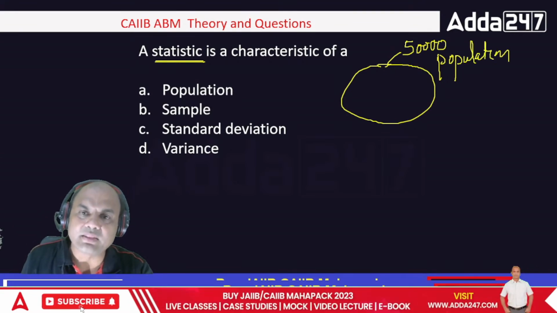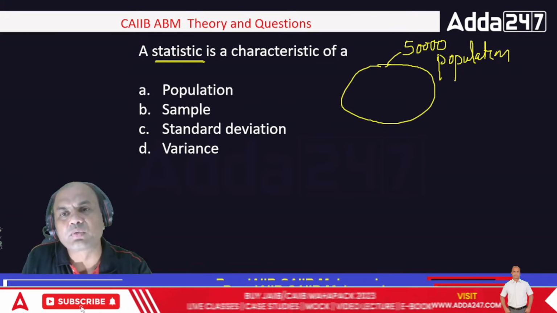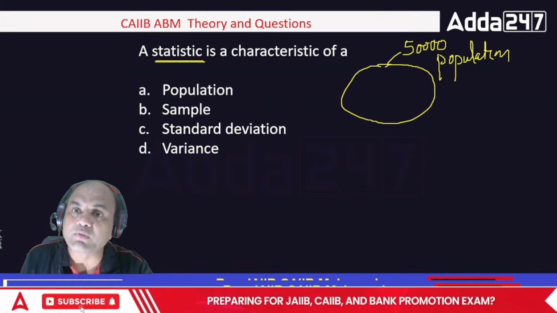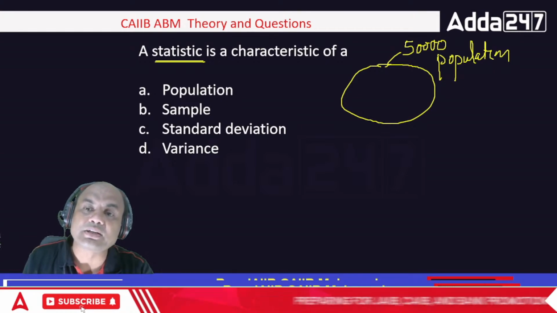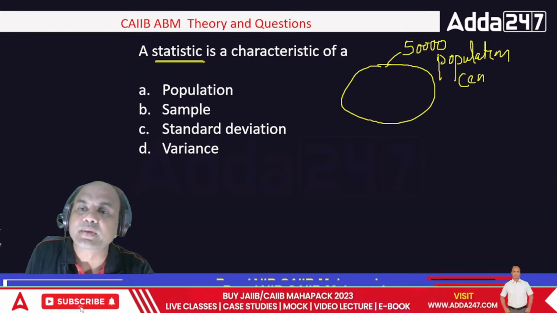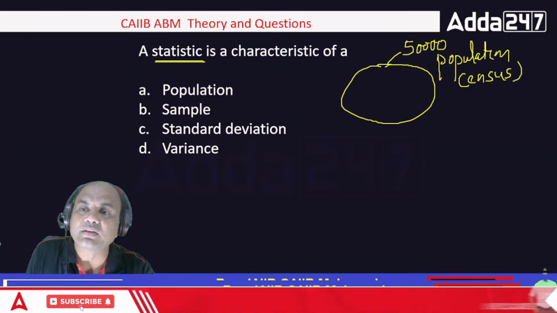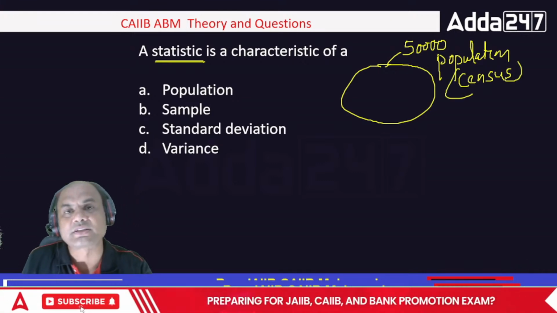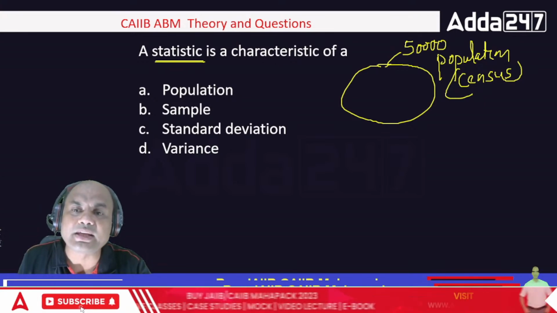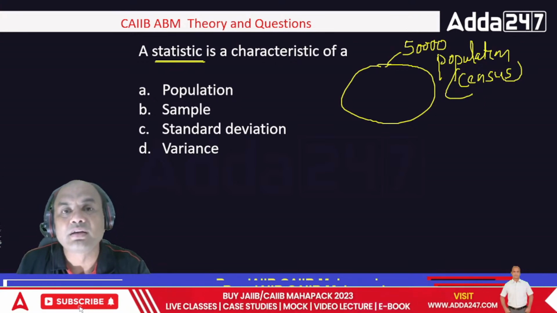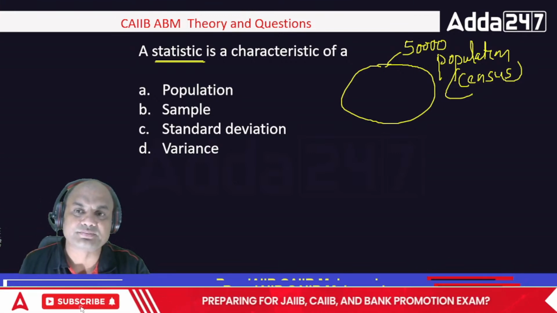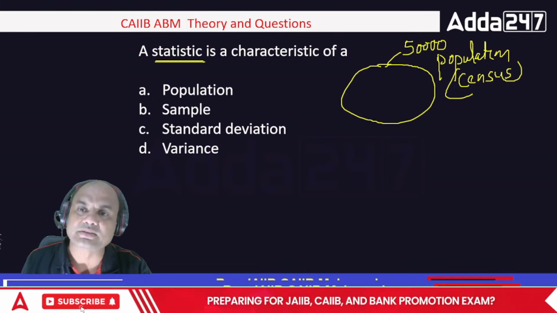I can't do the survey of each and every person. But remember, whenever we do the survey of each and every person, it is called census. We have the census in our country. In census, they find out each and every citizen of India and do the survey of that person. So that is census.